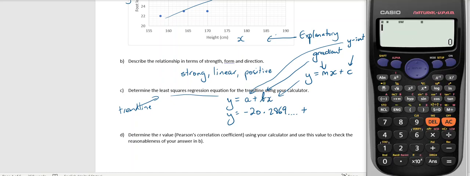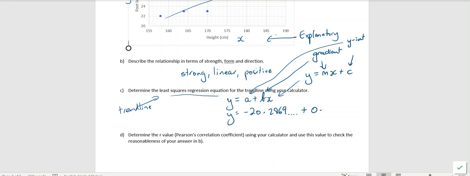We go AC, Shift 1, 5 for regression again, and we're going to go to B, which is 0.2632, dot, dot, dot, lots of X. So that's our B in front of our X. That is the equation for that line of best fit.